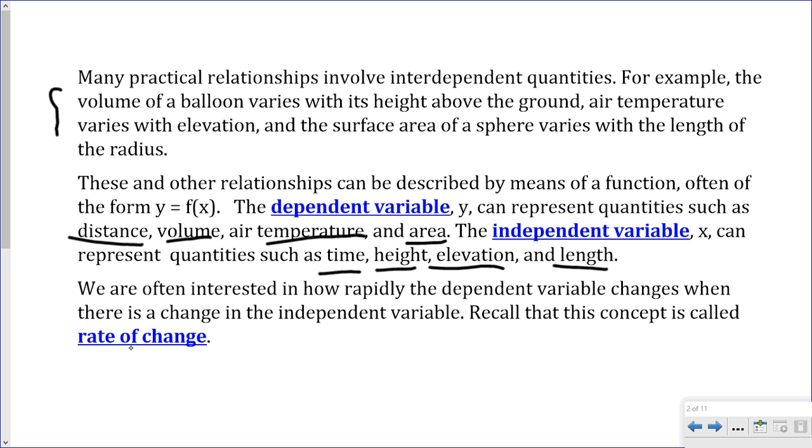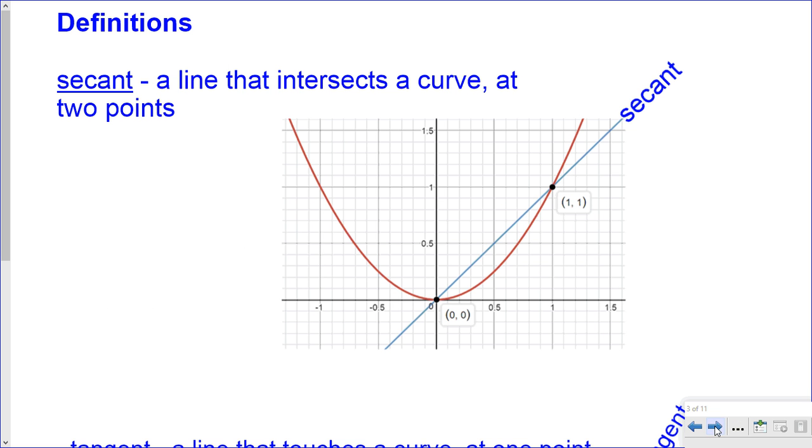Slope calculation is a rate of change calculation. When you got into advanced functions, you learned a couple of formulas and some concepts of rate of change, but in each case they all use the slope formula here. Okay, so that's kind of what we're talking about today, and we're going to work on a couple of examples here.